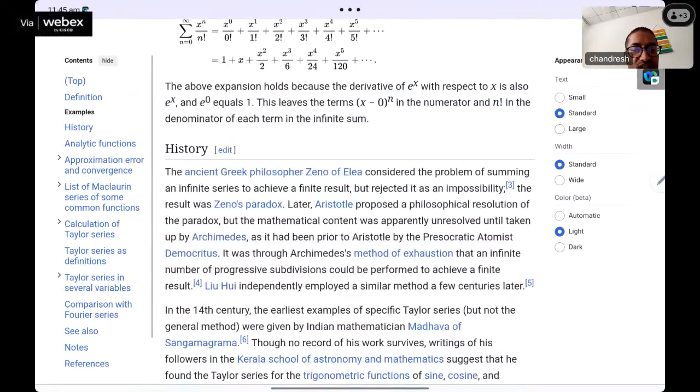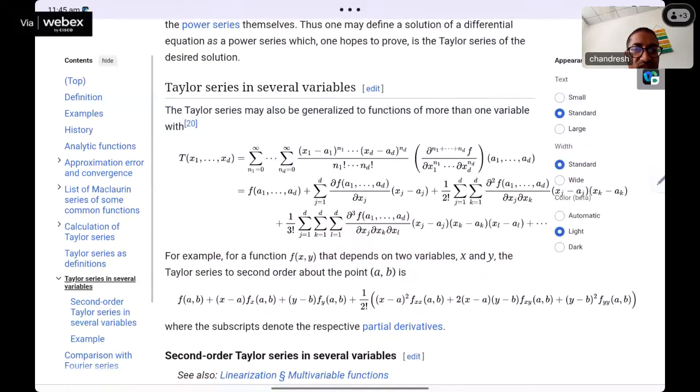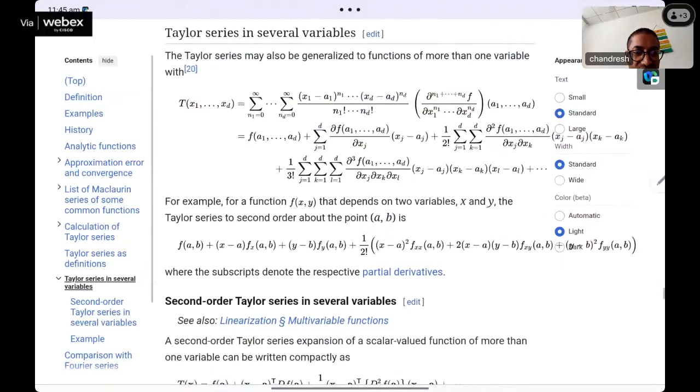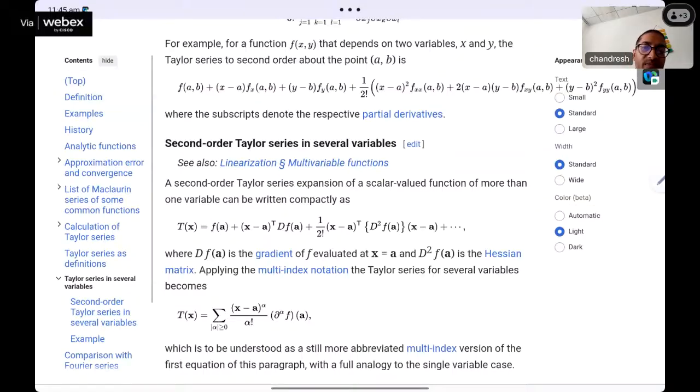We are looking for Taylor series in several variables, in a vector. This is the equation we are looking for: Taylor series around a point a, f of a, plus x minus a transpose times the first derivative, plus 1 by 2 factorial x minus a transpose, second derivative, x minus a, and so on.